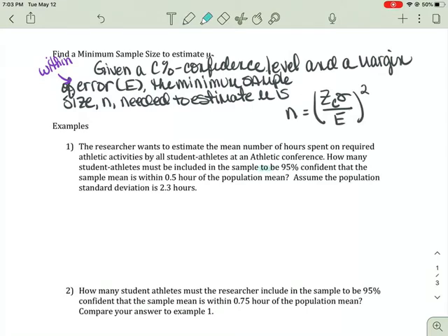And again, we're going to assume the population standard deviation is 2.3 hours. Okay, so key things here. Here's our C level, so C is 0.95. Our within, keyword there, is 0.5, so there's your E. And our standard deviation is 2.3.